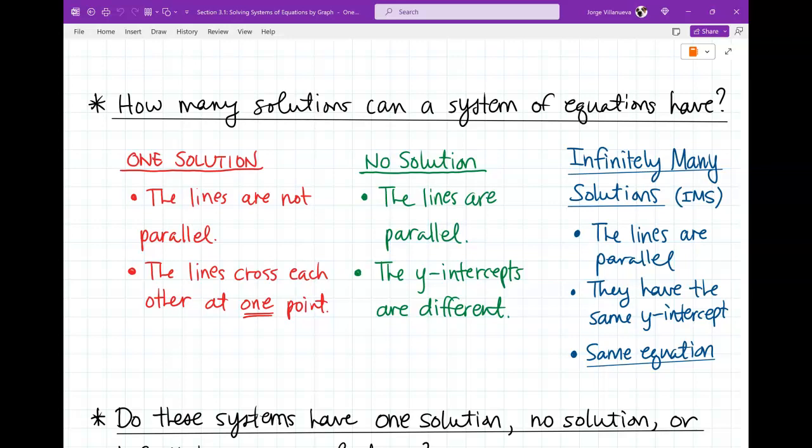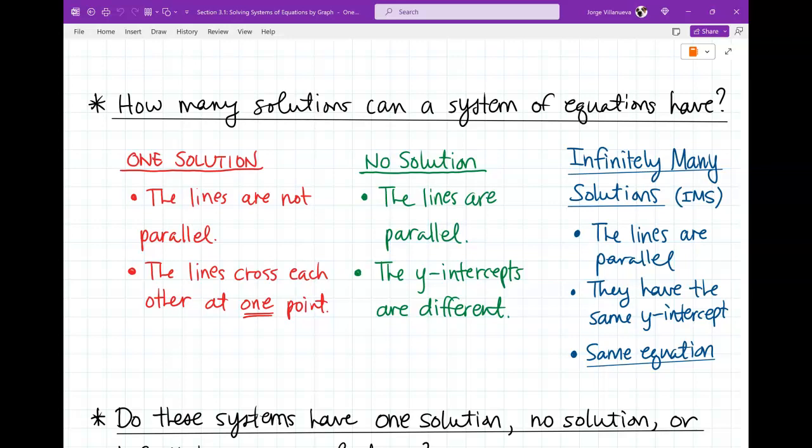You can tell it has 1 solution if the lines are not parallel. You can tell it has no solutions if the lines are parallel but the y-intercepts are different. And you can tell it has infinitely many solutions if the lines are parallel and the y-intercepts are the same. Okay, that's all you have to remember.